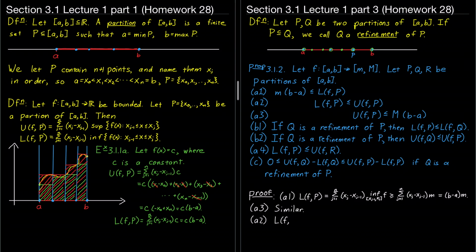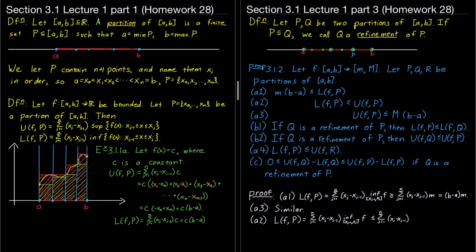Lower sum of f with respect to our partition P. Now, xj minus xj minus 1, that is always positive. So if I replace this infimum by something that's bigger than the infimum, then this inequality will be true.